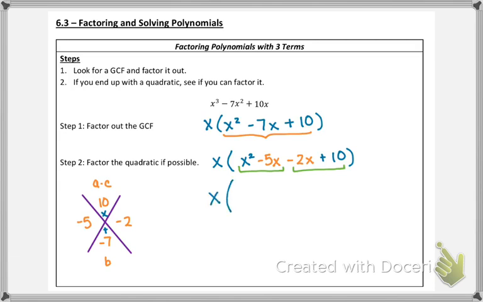And then from my first group, my GCF that I'm going to factor out is x, and I'm left with x minus 5. From my second group, I'm going to factor out a negative 2 because the leading coefficient is negative, and then I'm also going to be left with x minus 5.